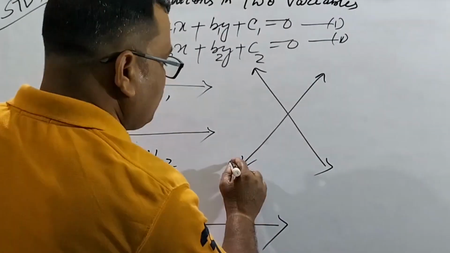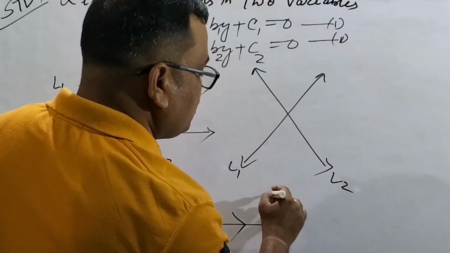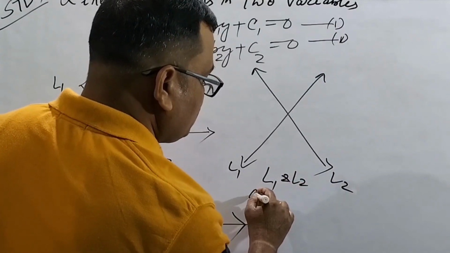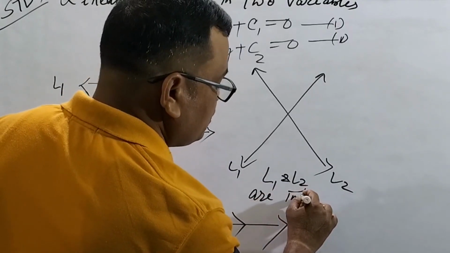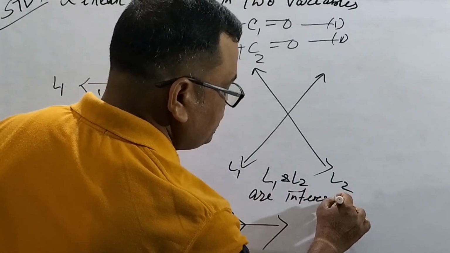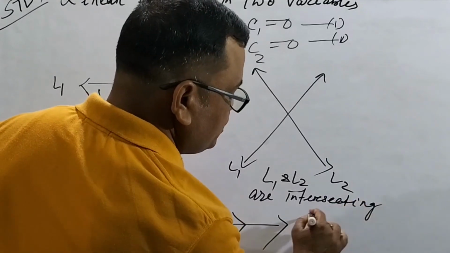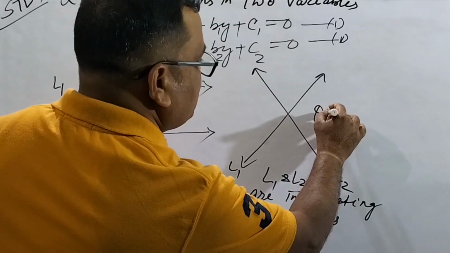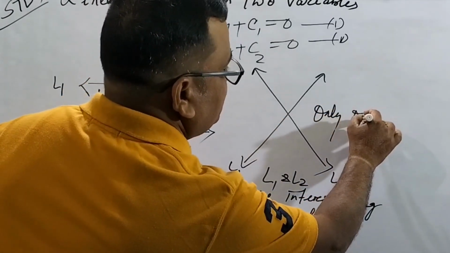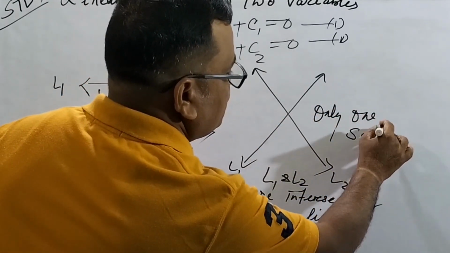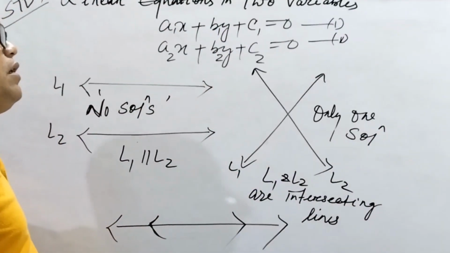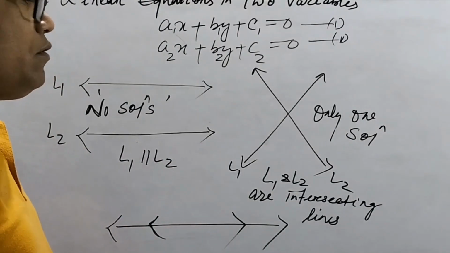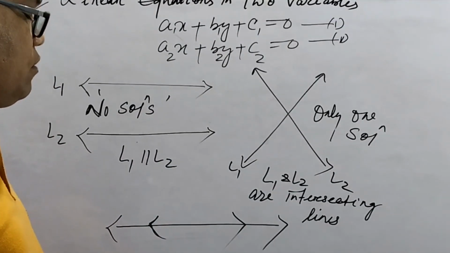In this case, L1 and L2 are intersecting lines. So here only one solution. Only one solution you will get. For the values of x and y, you will get one value of x and one value of y.